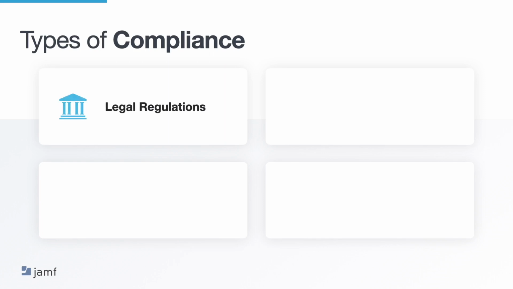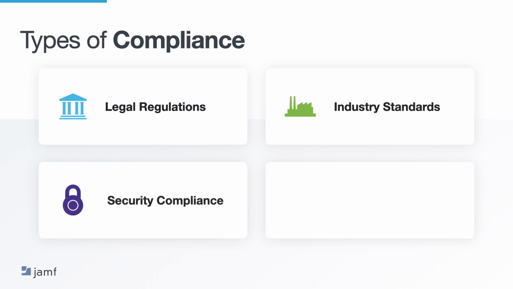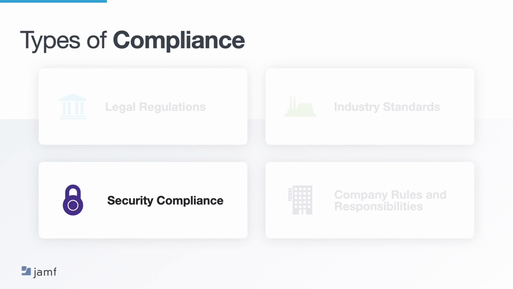Organizations will typically be required to have and be able to present a compliance plan for legal regulations such as anti-discrimination, anti-slavery, and anti-corruption laws, industry standards such as quality standards or privacy standards, security such as keeping physical locations safe, ensuring quality control over devices and maintaining data privacy, and organization-determined rules and responsibilities such as environmental impact or conduct requirements for vendors. Let's dive deeper into security compliance.